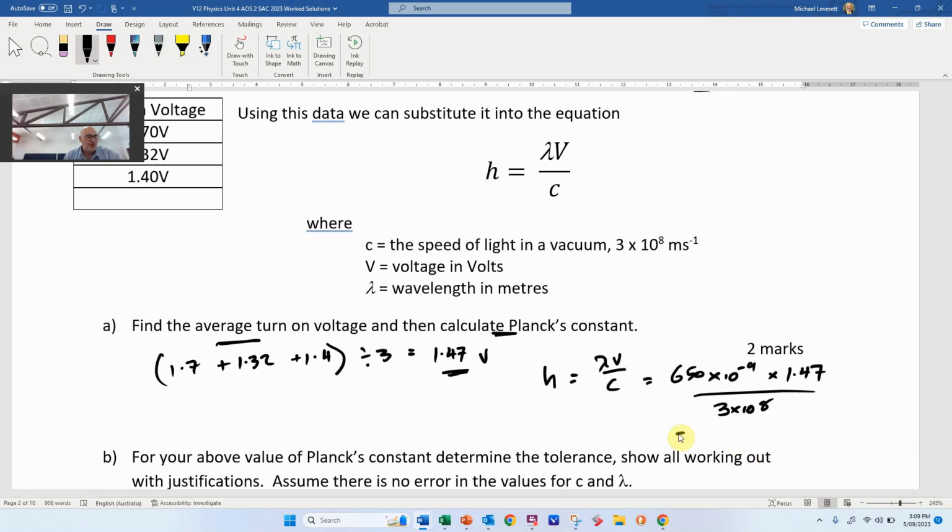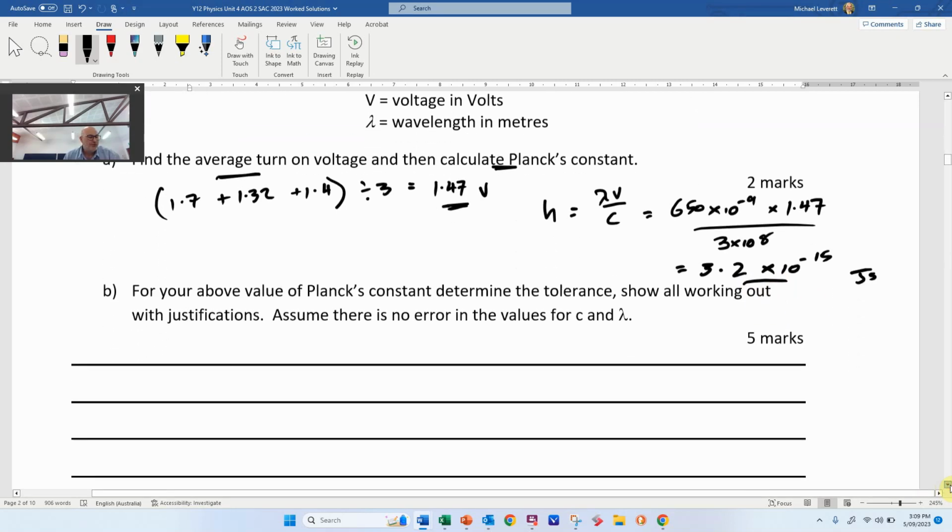Working that out gives us 3.2 or 3.19 by 10 to the -15, and that's in joule seconds. Done.